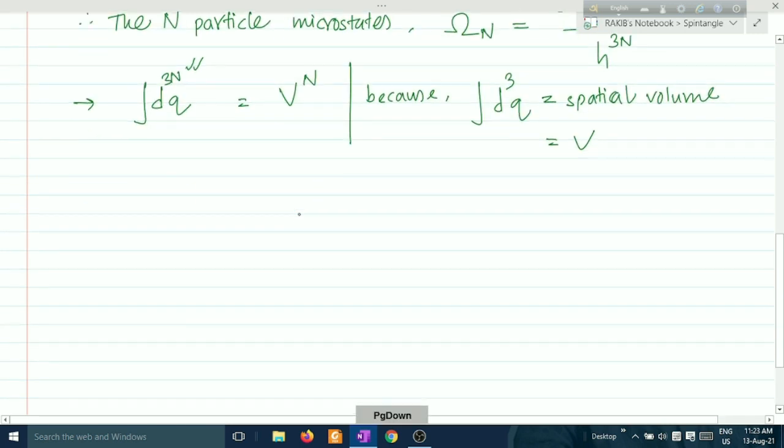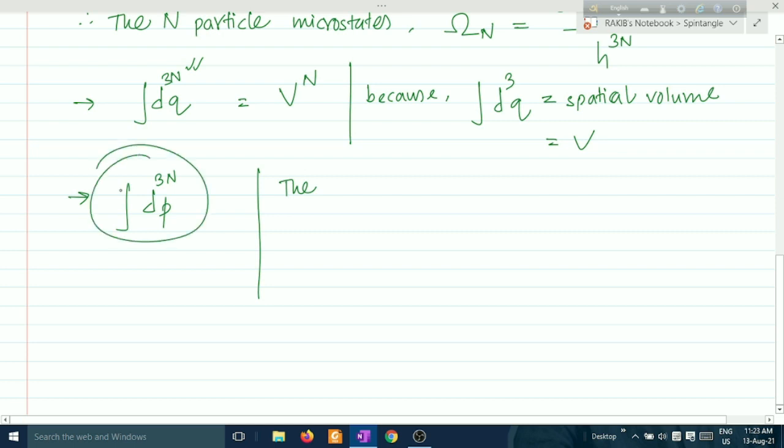Now the second term, d3n p. You have to know one thing: the general formula of volume. Before going to this, I am writing the general formula of volume.